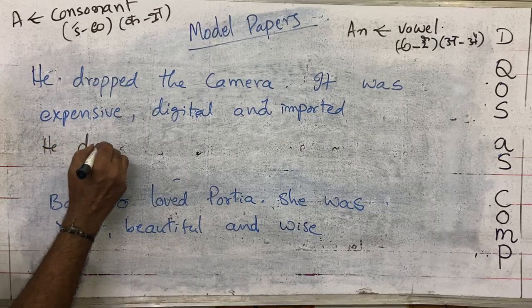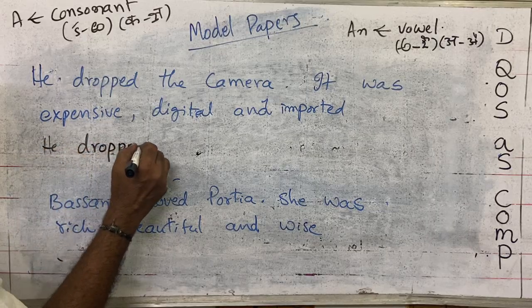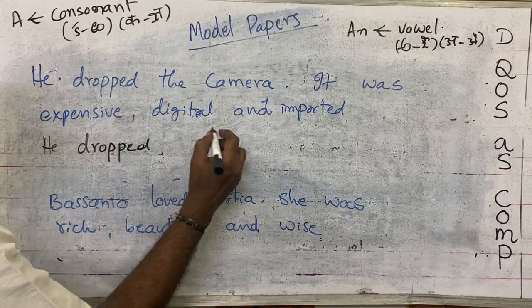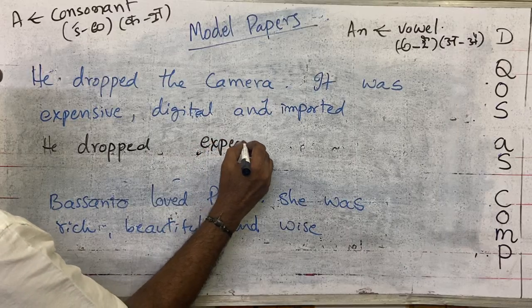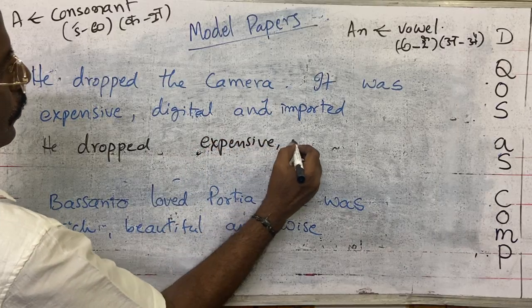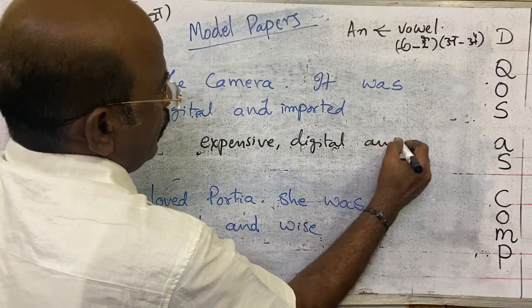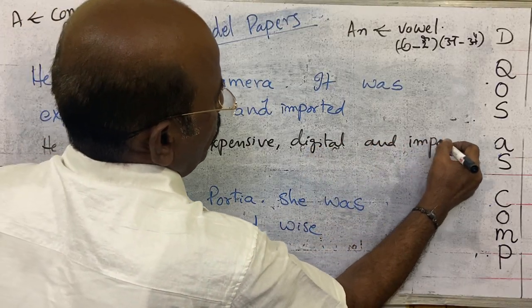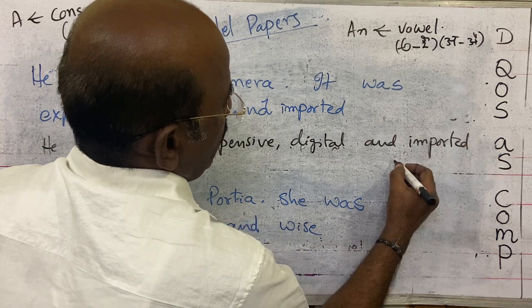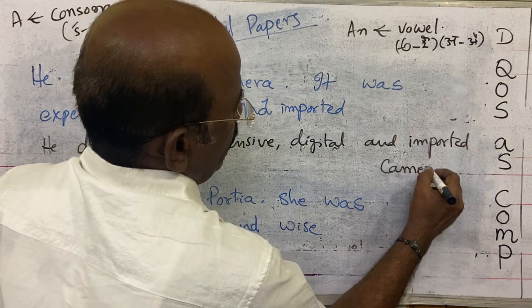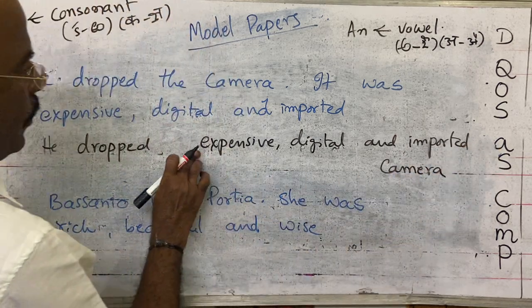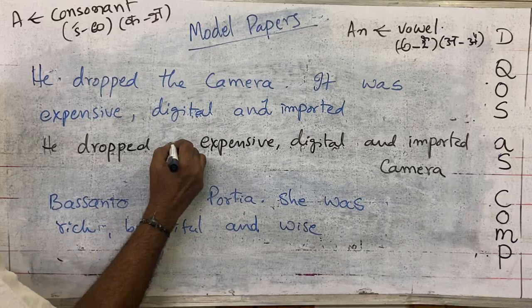He dropped expensive, digital, and imported camera. Here, according to our rule, we are taking an also.